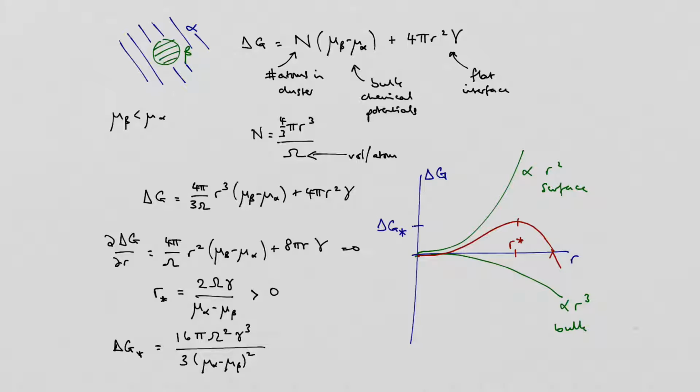The energy barrier, delta G star, is the energy barrier that you would have here, and that's where it comes from. So in other words, it is the interfacial area term that is really responsible for the barrier for nucleation, the cost of creating that interface between the two phases.